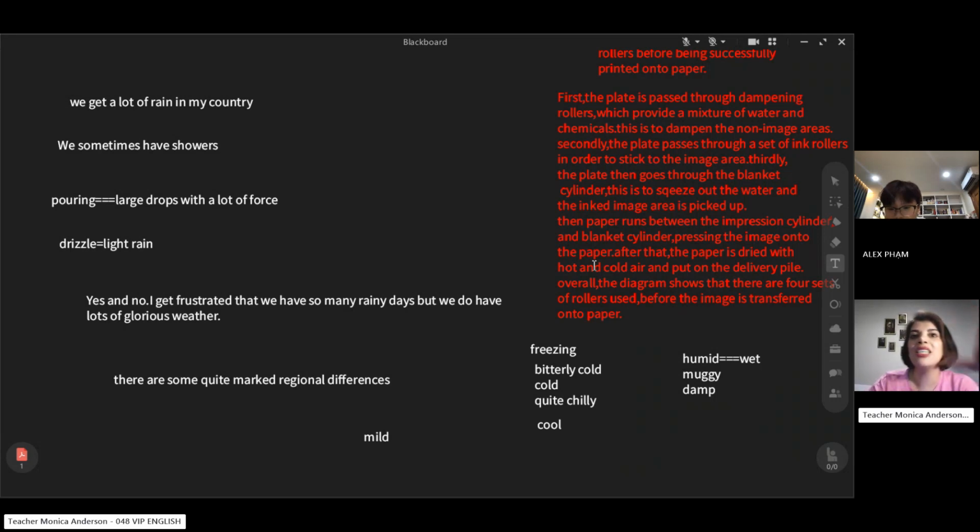And sometimes we get drought in the summer. It's dry season. Further south or north, it's very cold in winter, and they may get heavy snow. So you can divide regions.